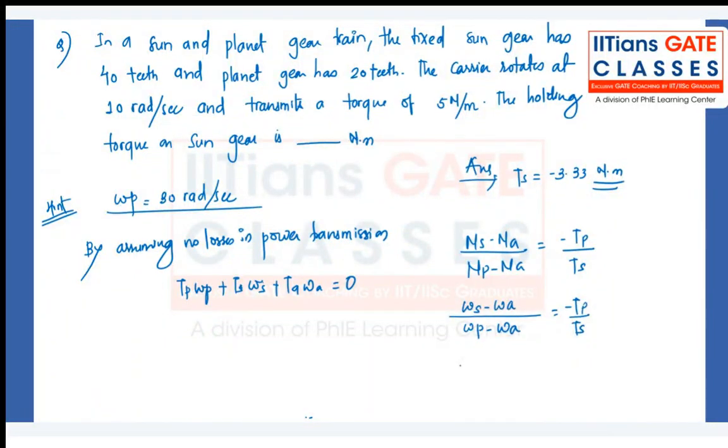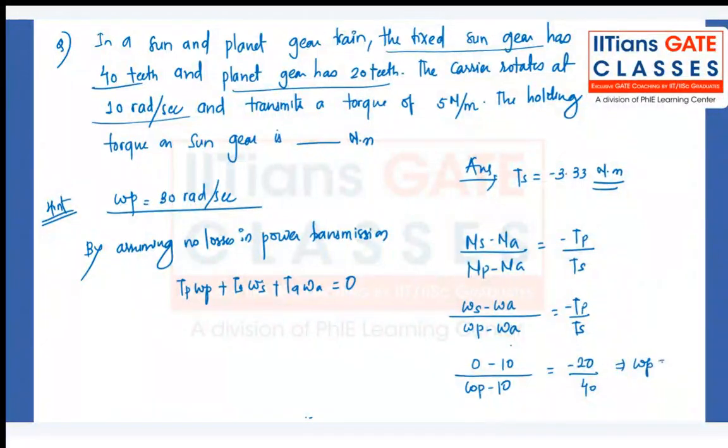So the fixed sun gear is 0, the arm is the carrier, which is rotated at 10 radian per second. Omega p is something we have to calculate, minus 10. Number of teeth on the planet is 20, number of teeth on the sun is 40.